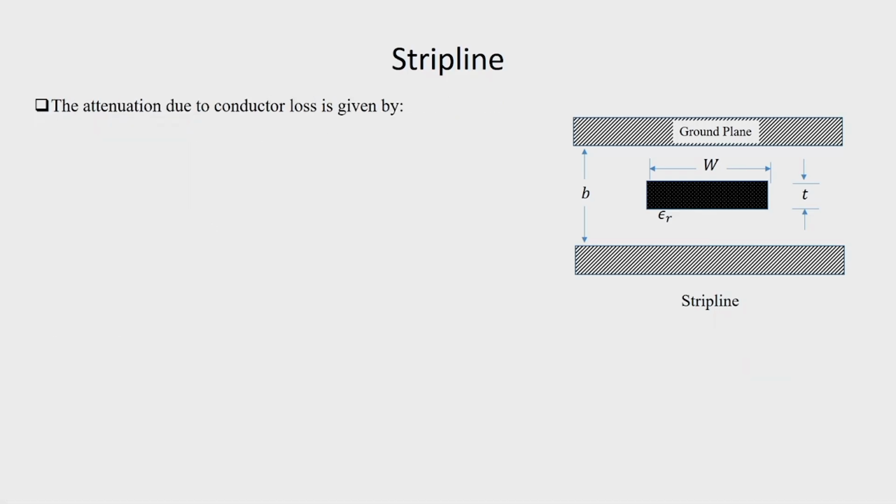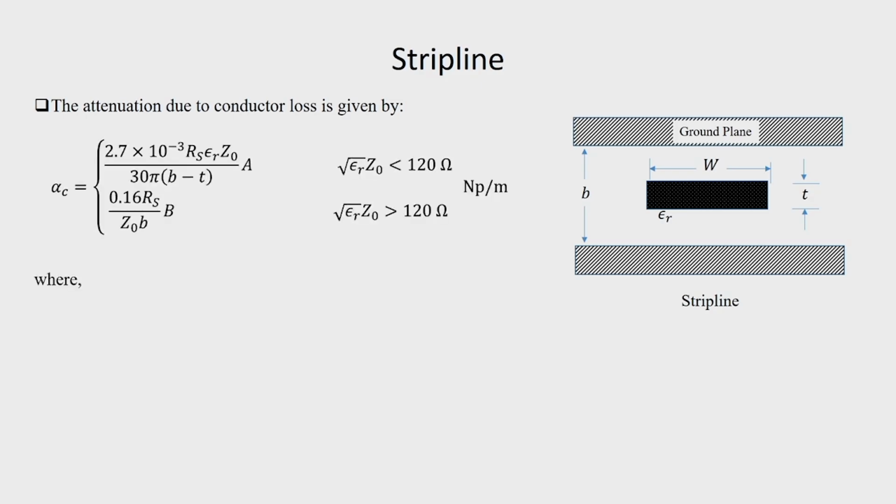Now, in a strip line, the attenuation of the signal occurs because of the losses in the conductors as well as losses in the dielectric, and these conductor and dielectric losses have been estimated, and from there we can get expression for attenuation constant.